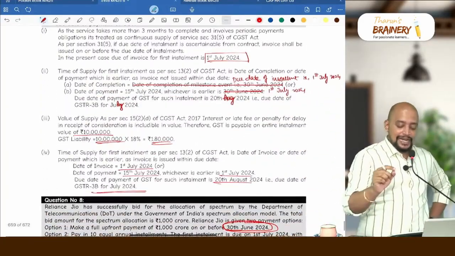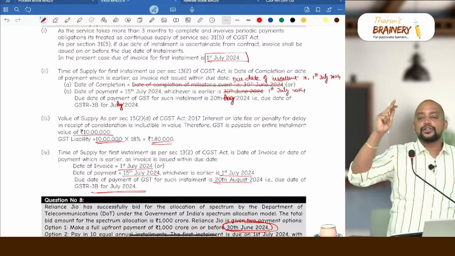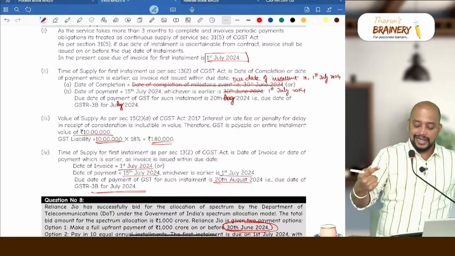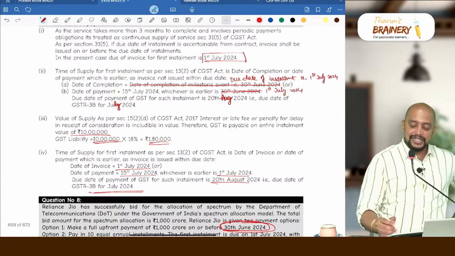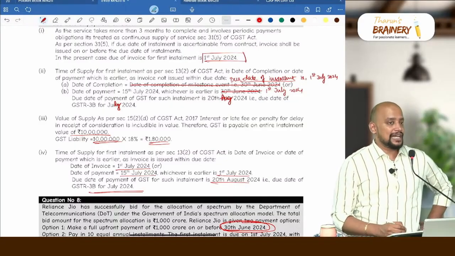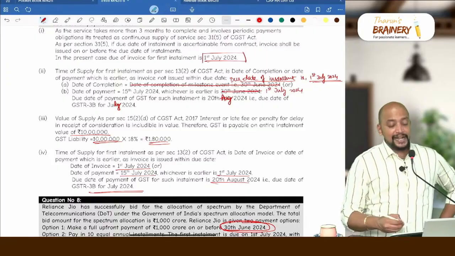So therefore kindly make the correction to your answer in the book, because initially I thought it was date of completion, but later on only I have read that properly. So therefore date of completion is the due date of installment, that is 1st July 2024, or date of payment.